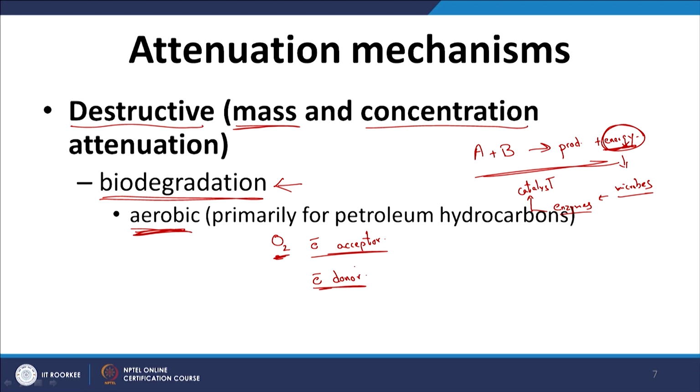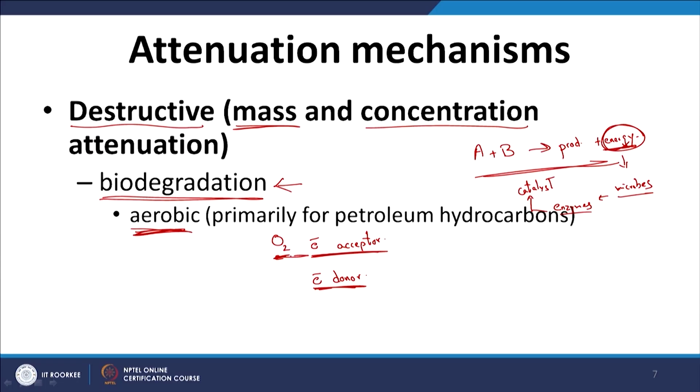A redox process will go through only when you have both electron acceptors and electron donors. It is not that the half reaction will go through, you need to have both the electron acceptor and also the electron donor. So in that context, in aerobic conditions, if you have electron acceptor, which kinds of compounds will be degraded? Those that can act as electron donors, or which are reduced compounds.